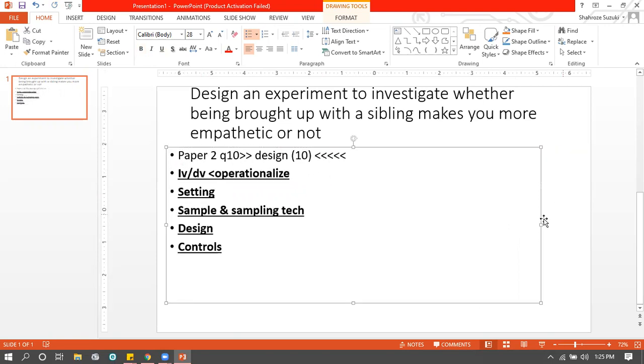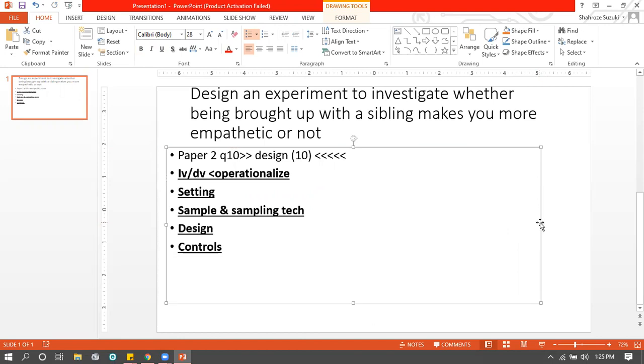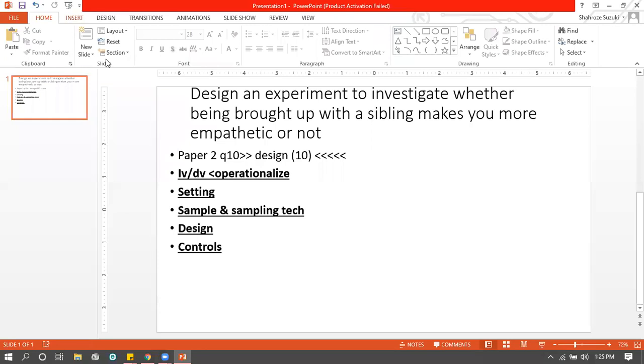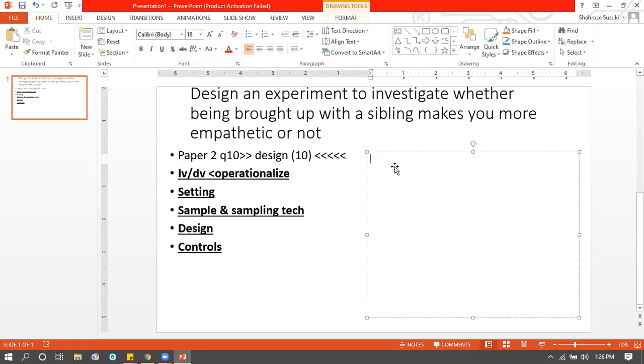First of all, what's our IV here and what's our DV here? According to this question, what's going to be our IV? What's going to be our DV? What's going to be our cause and what's going to be our effect? What's the independent variable and what's the dependent variable?